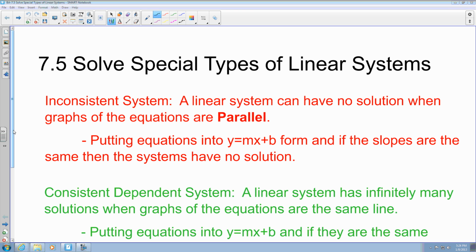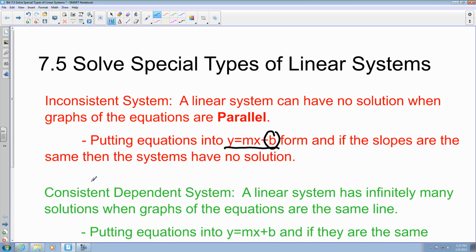So if you put the equations into a y equals mx plus b form, and you realize that the slopes are the same, then we can conclude that the systems have no solution, which means that the slopes would be the same and they'd have different y-intercepts. They'd have a different b.